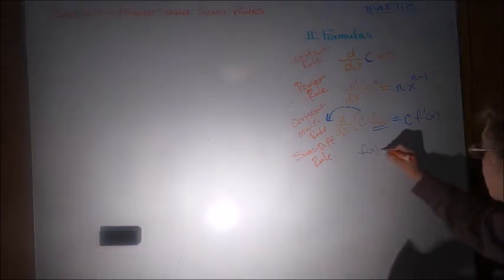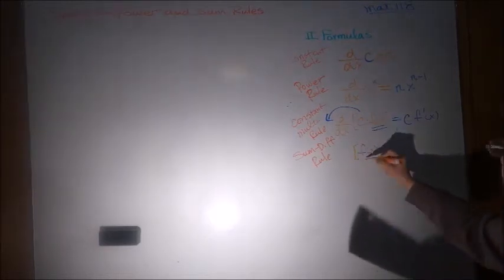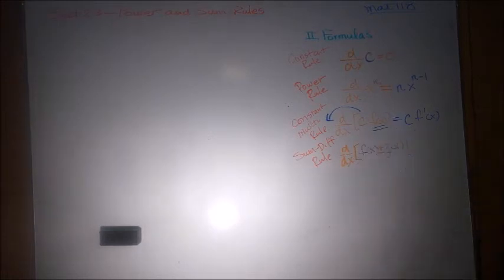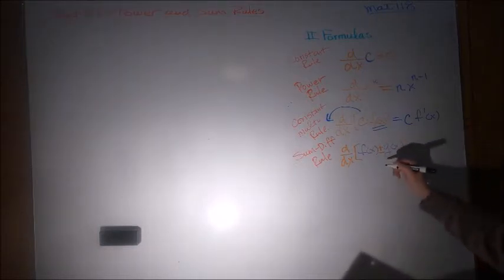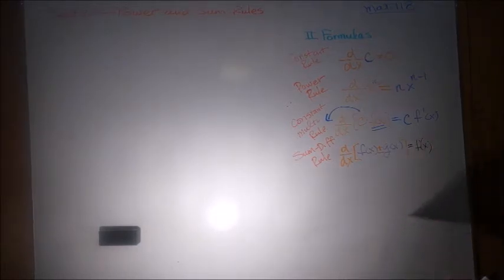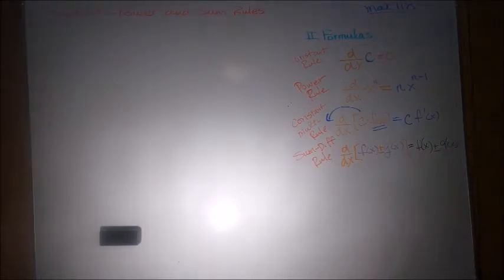We'll either add them together or subtract them. When we take derivative of those, then what do we do? We just separate them. Each one you do individually, then add them together or subtract them. That's what the rule says.